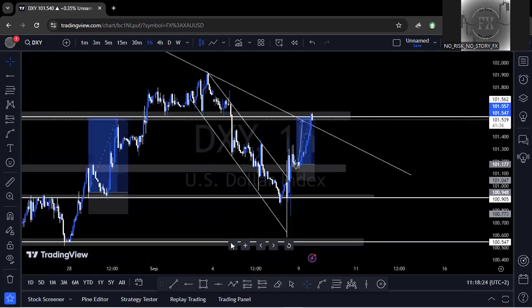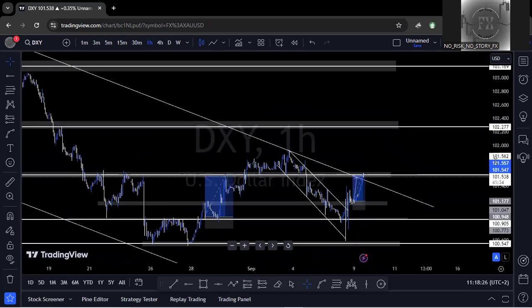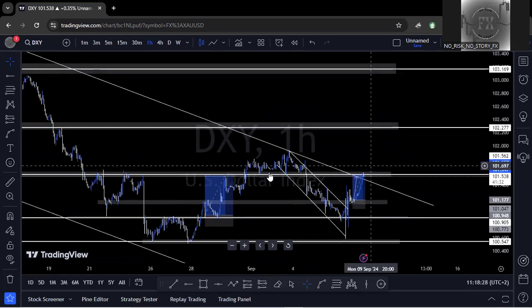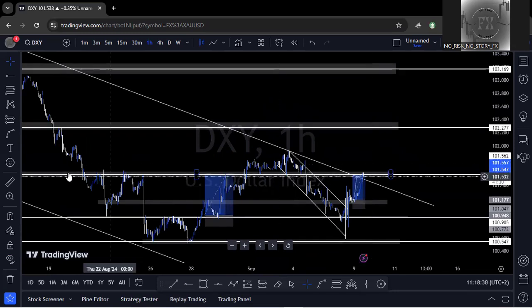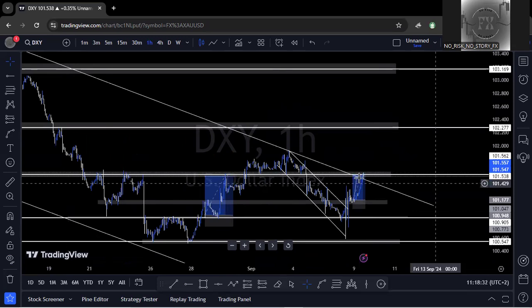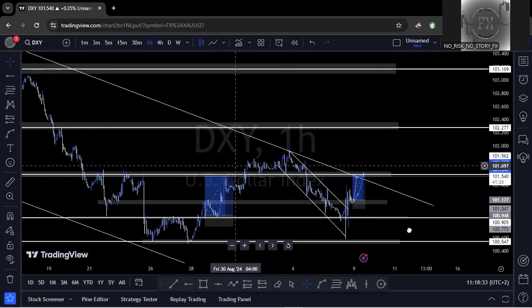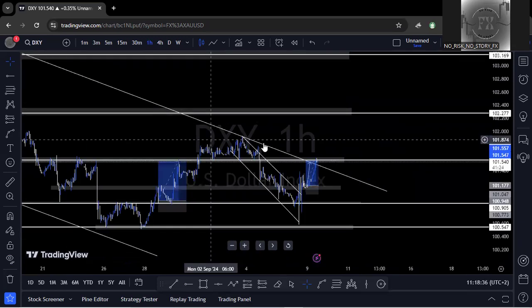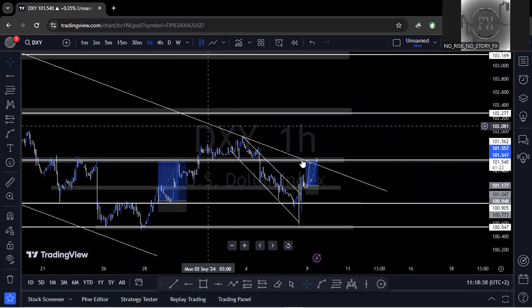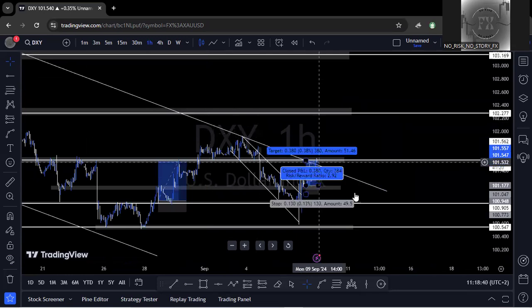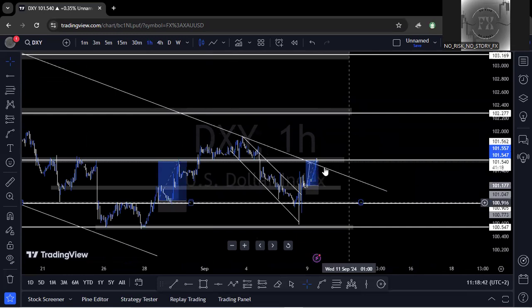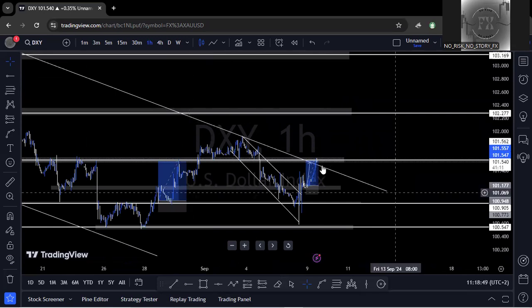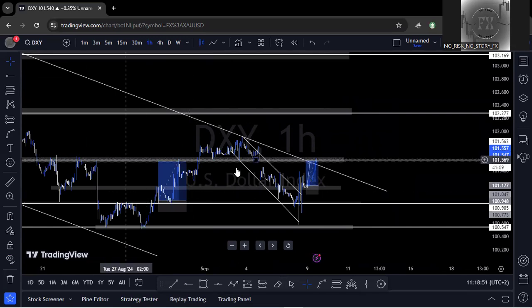As you can see, this is the most sensitive area because it's our horizontal support area and our trend line, which we call our diagonal support area too. Not support, I mean resistance. This is our diagonal resistance and our horizontal resistance.